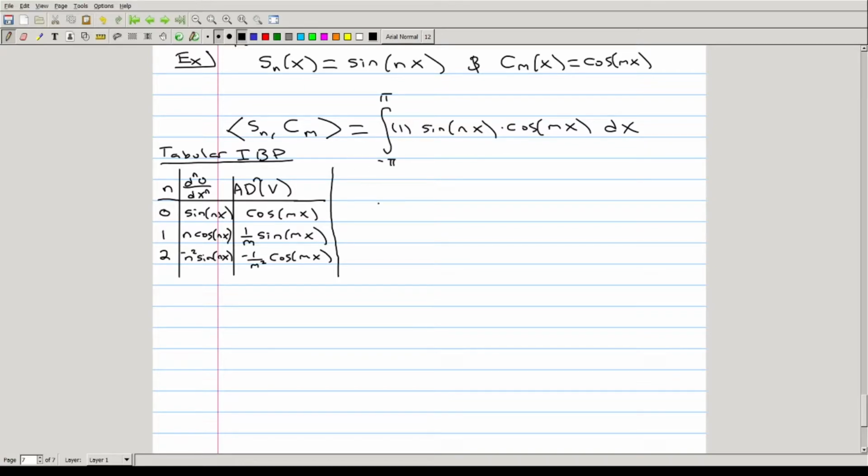So when you do your first integration by parts, you're going to end up getting u times v. Remember, the integration by parts formula is the integral of u dv is equal to uv minus the integral of v du.